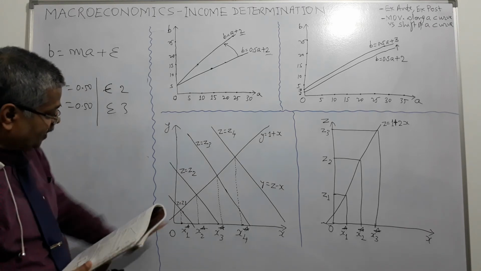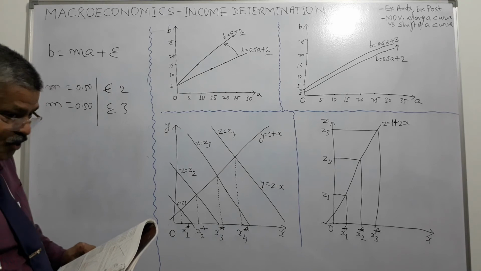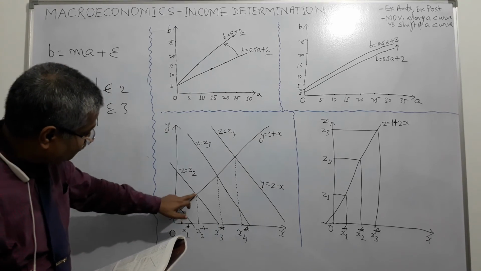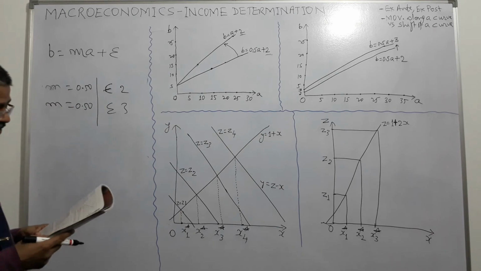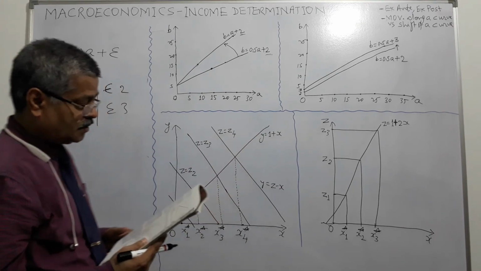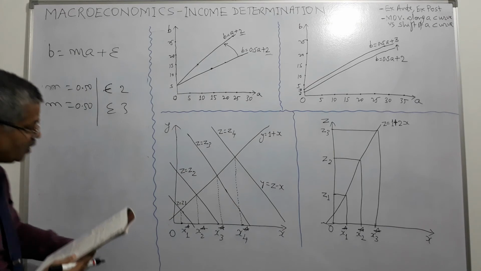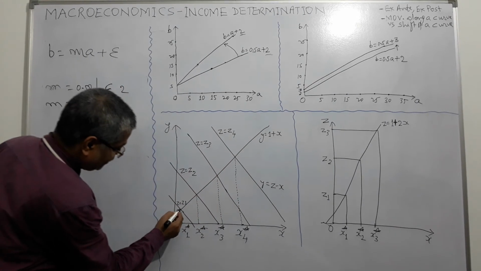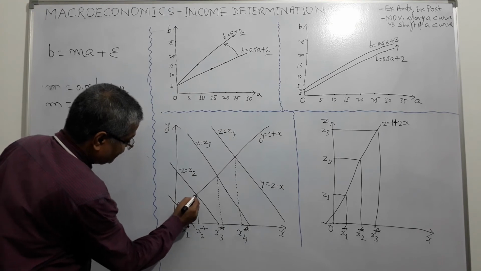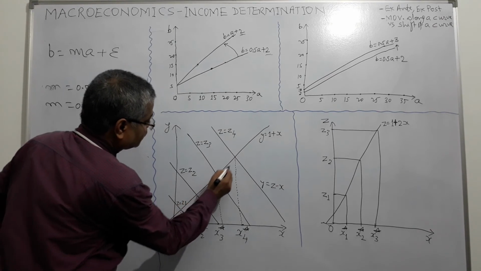Consequently, what are the points of interaction? These are the points of interaction of z with the second straight line. It will move up, right? See, the point of interaction is moving up. It was here, then it came here.